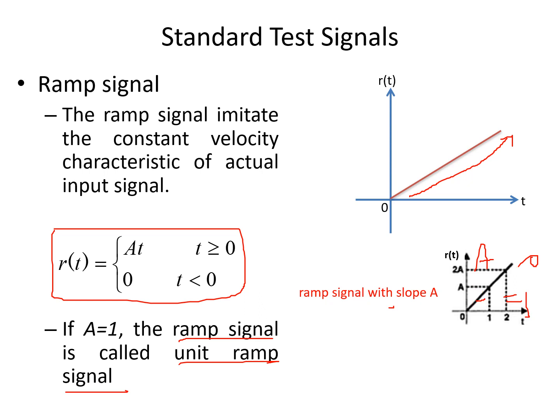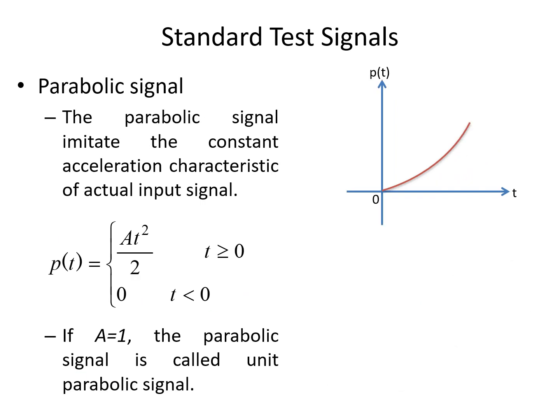This is the slope, that is what I showed you. If you have an amplitude a, it goes like this. So this is a unit ramp signal. If t is 0, it will be 0 and so on.